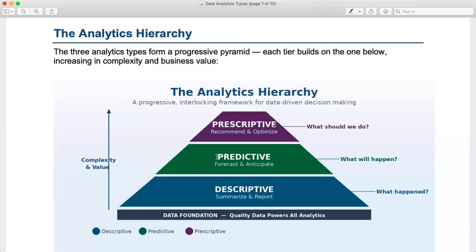Then comes prescriptive analytics, where we are recommending and optimizing the decisions we have made. In short, we are trying to say what should we do? Previously we understood what happened in the past and what will happen in the future, maybe tomorrow, maybe the day after tomorrow.